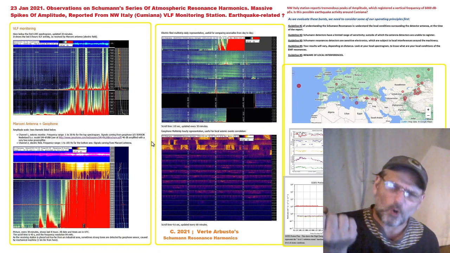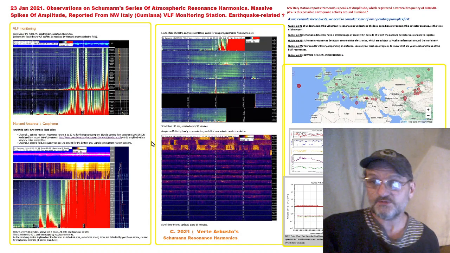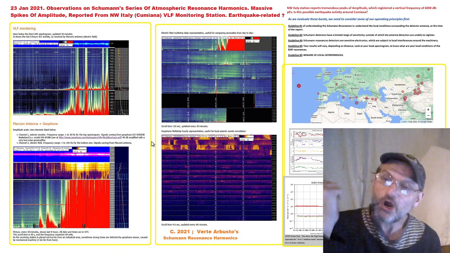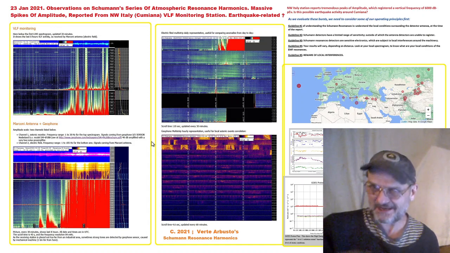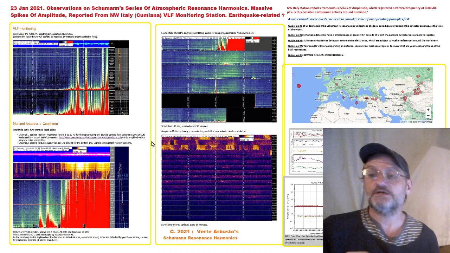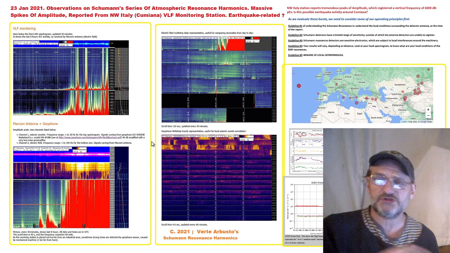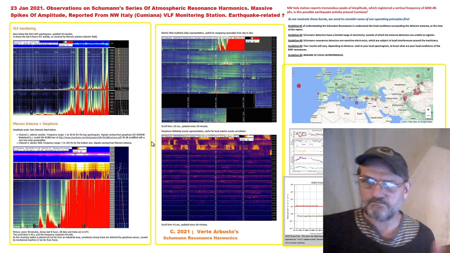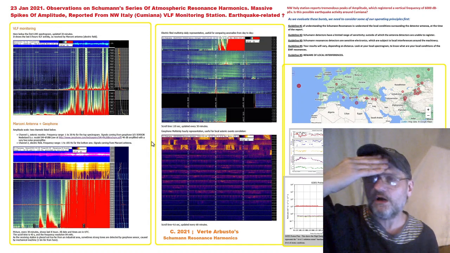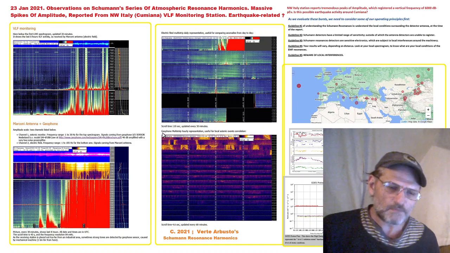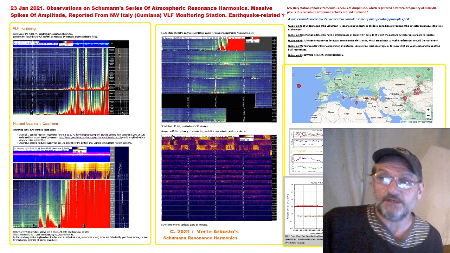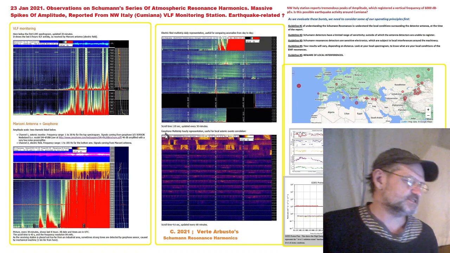They spent all that money on these machines to detect earthquakes, not Schumann resonances. The Schumann resonances are their overlap, but this is a much different, bigger, broader range of waves and energy than the Schumann resonances alone.